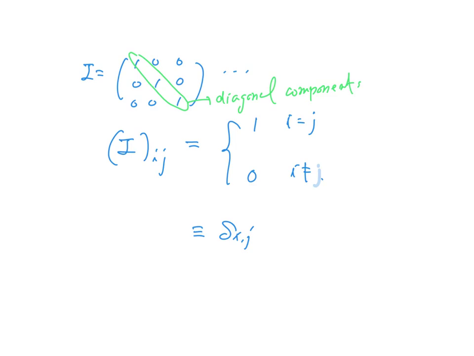So this notation means this. Delta ij means when i and j are the same, it is 1, and when i and j are different, it is 0. And this is called the Kronecker delta. It's the Greek letter delta.